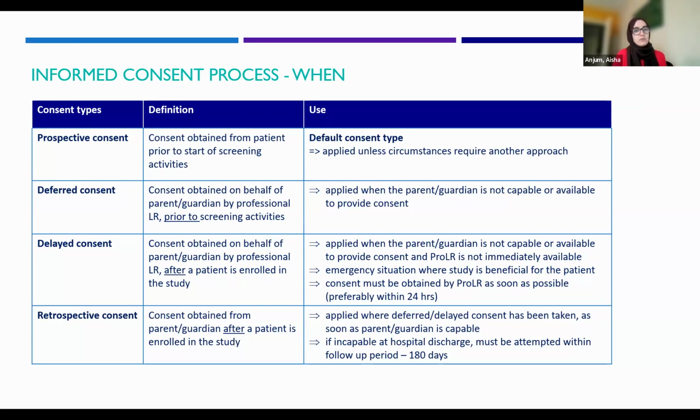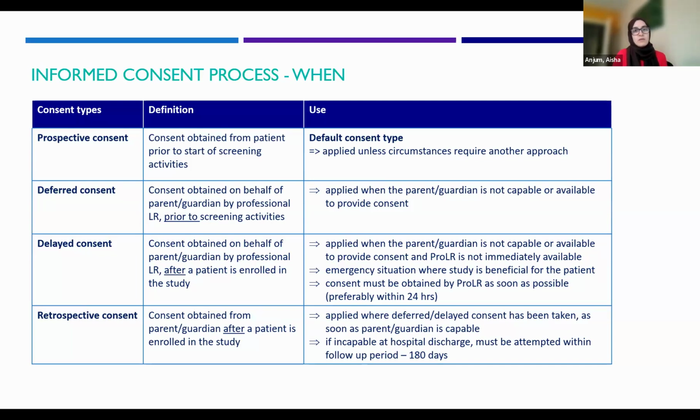If the professional legal representative is also not available, then we would look at delayed consent, which would be enrolling the patient because it's beneficial for them in an urgent situation where treatment needs to be started immediately. And we'd then aim to get some sort of consent, at least professional legal representative consent, within 24 hours.